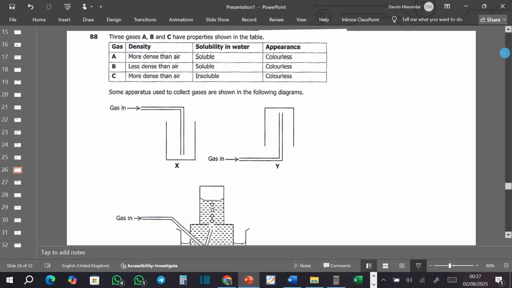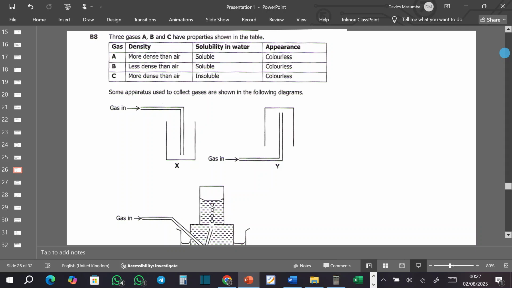Question is saying B8, three gases A, B, and C have properties shown in the table. So we have these gases A, B, C. Their property: A more dense than air, B less dense than air, then C more dense than air. So A and C are more dense than air.